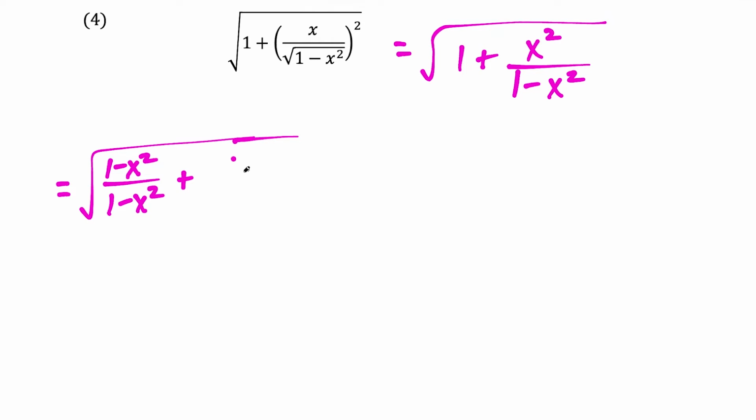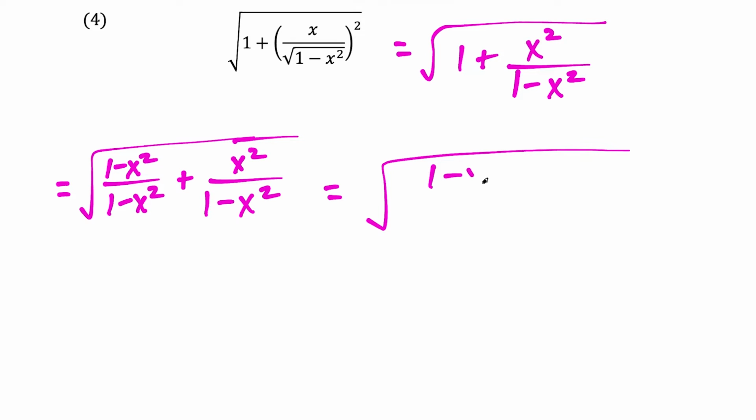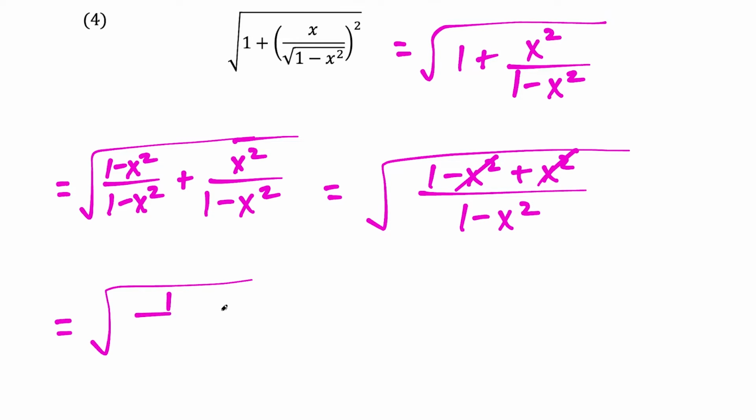Okay, so we have plus x squared over 1 minus x squared. Now all we have to do is combine this into a single fraction. We have 1 minus x squared plus x squared, all over 1 minus x squared. Notice that minus x squared plus x squared cancels out, and that leaves us with 1 over 1 minus x squared.